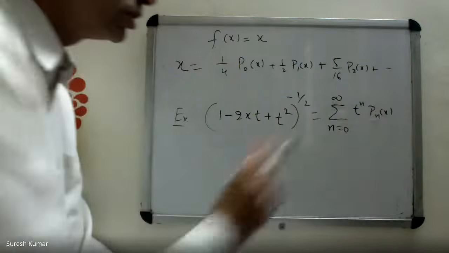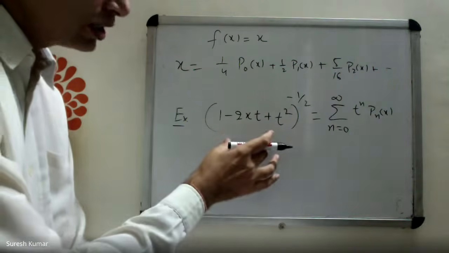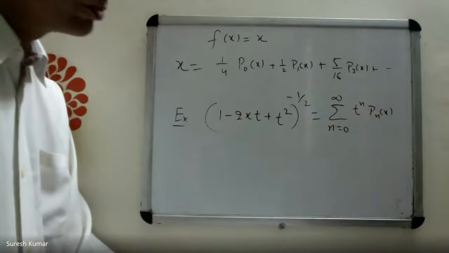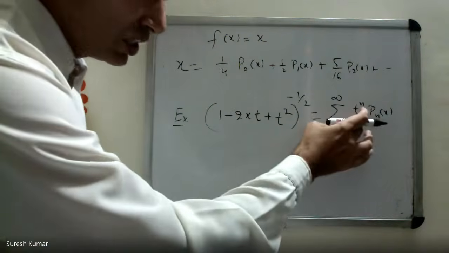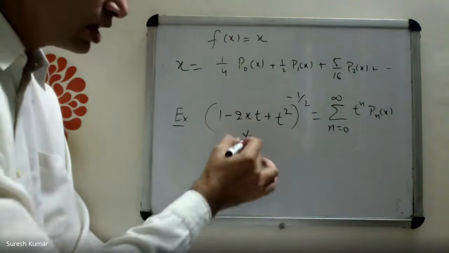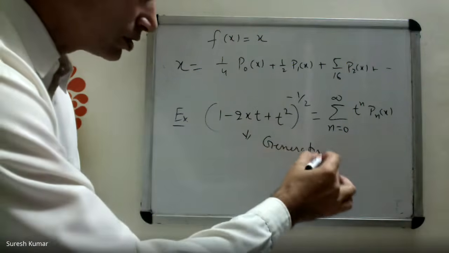We need not prove it. Proof is given somewhere. But something important is here that you are able to express this function in a series in t, but the coefficients are Legendre polynomials. That's why we call it generating function for Legendre polynomials.